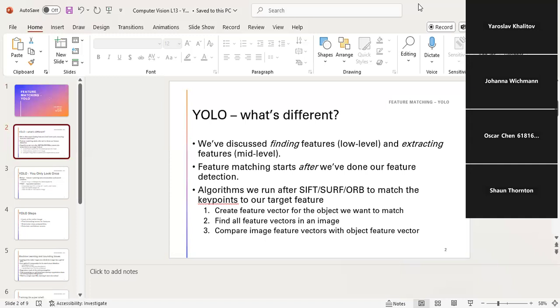What we want to do now with YOLO is try to do that much faster and with a little bit more accuracy by looking at an entire image and treating it as a regression problem rather than a similarity problem or an anomaly detection problem.